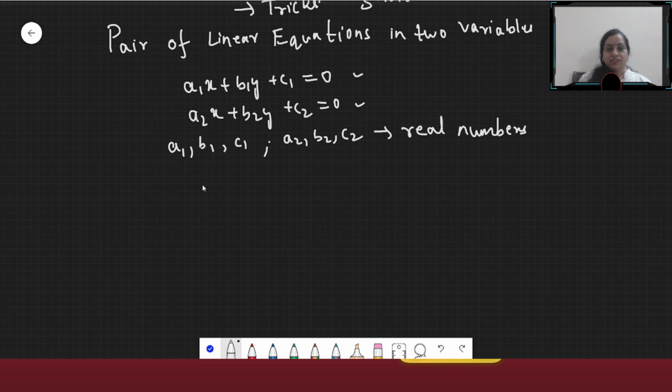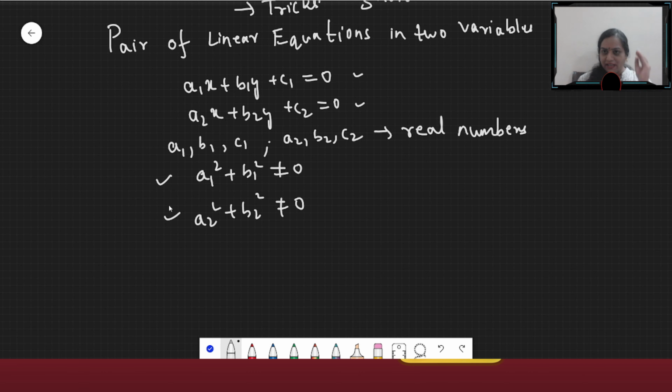And the condition which should be satisfied is a1 square plus b1 square should not be equal to 0. Similarly, a2 square plus b2 square should not be equal to 0. This is a very important condition. Always keep this in mind. So this is the general form of a pair of linear equations in two variables, and these are the conditions.